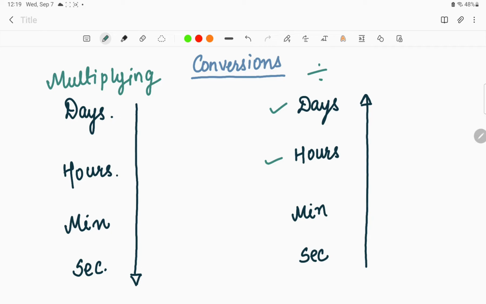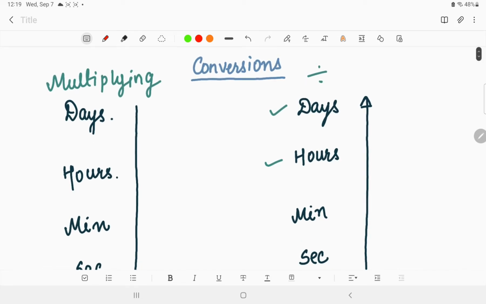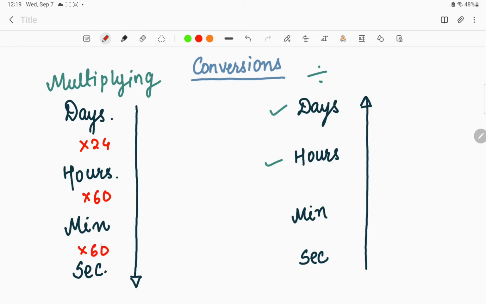Now when we convert days into hours, I told you we'll multiply by 24. When we convert hours into minutes, we'll multiply by 60, and when we convert minutes into seconds, we'll multiply by 60.